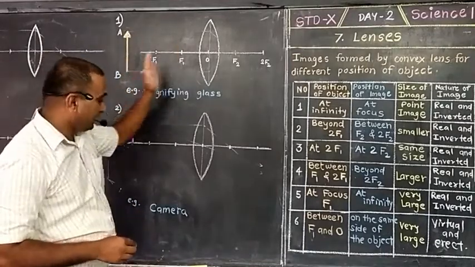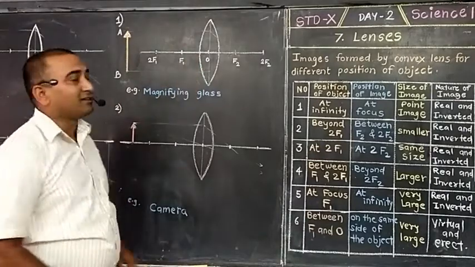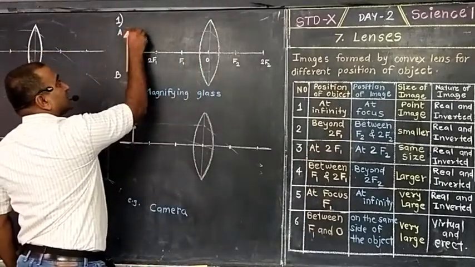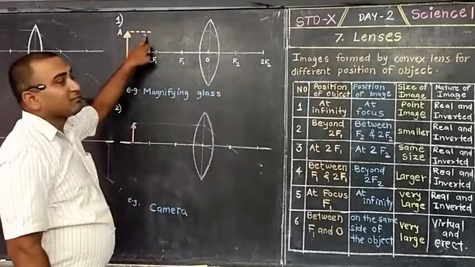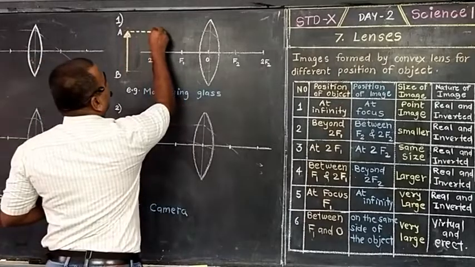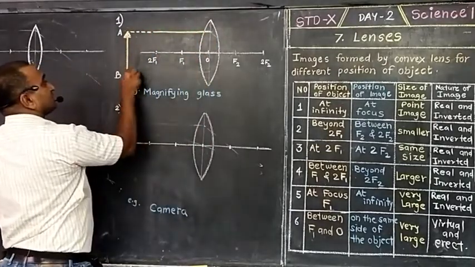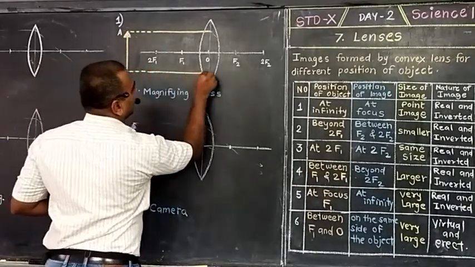All rays coming from that object are parallel. The object is at infinity, and these rays are imaginary, which we are now considering. Dotted lines indicate imagination, so we consider continuous lines. This is the first line. And from the lower part of the object, the rays are also parallel.